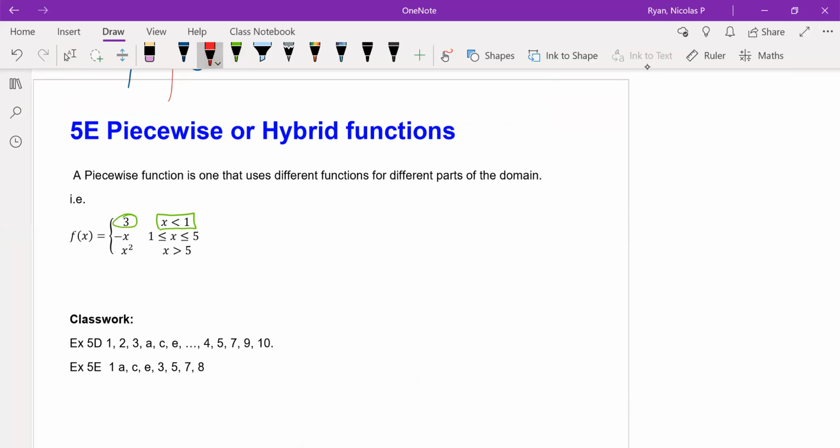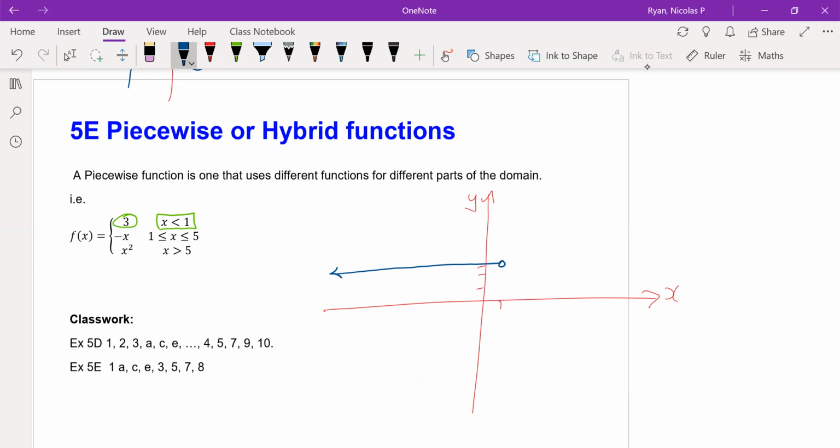What does that look like on a graph? I go up to an x value of 1. And I've got a horizontal line, y equals 3, all the way there, up to 1. It's not allowed to ever equal x equals 1, so I've got an open circle at the end. But for any value of x less than 1, my y value is 3. So that's part of my graph.